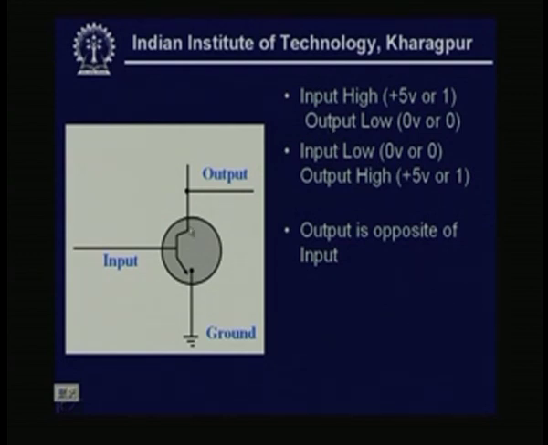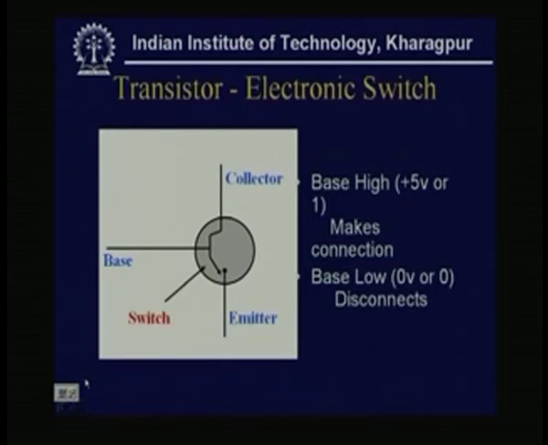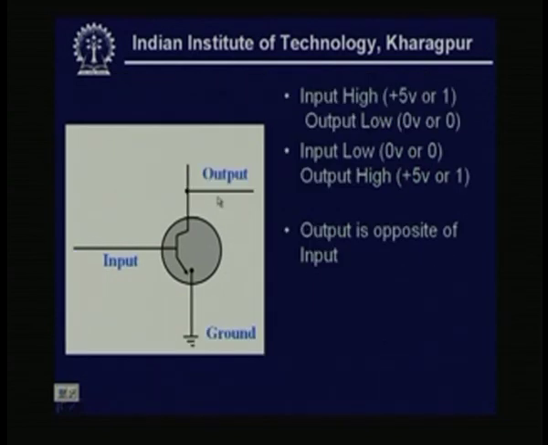Input and output: now the base is replaced by the input, the collector is replaced by the output, and the emitter is ground.